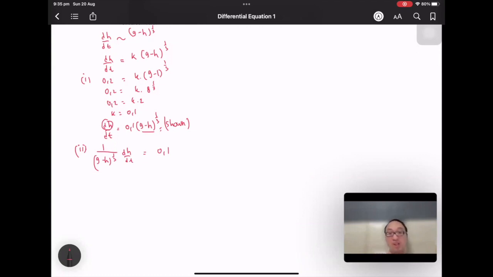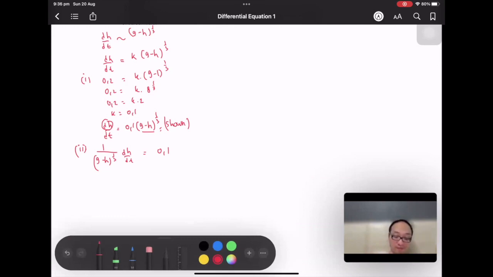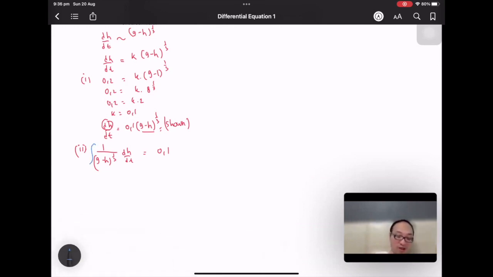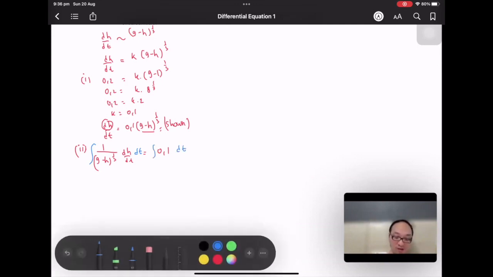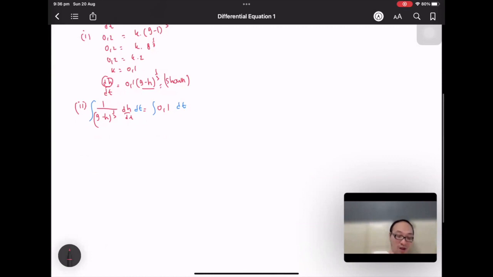So this is again the type of number 3. We can integrate both sides with respect to t, and I can simplify this: the integral of (9 minus h) to the power of negative 1/3 dh equals 0.1 times the integral of dt. On the right side, it will be easy: 0.1t plus c.